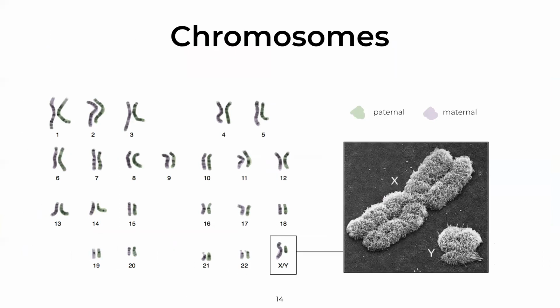Males have XY chromosomes and females have 2 X chromosomes. There are other types of chromosomes called autosomes. The largest chromosome, chromosome 1, contains about 8,000 genes. The smallest is significantly smaller, chromosome 21, and it contains about 300 genes.